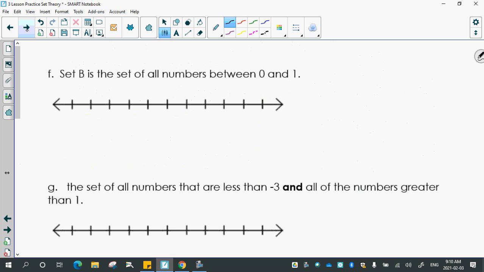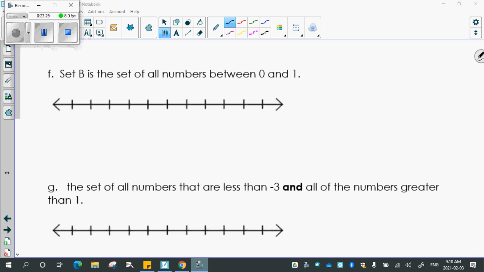Okay, set B is a set of all numbers between 0 and 1. So I want you to draw it and see if you can write it out in set notation.